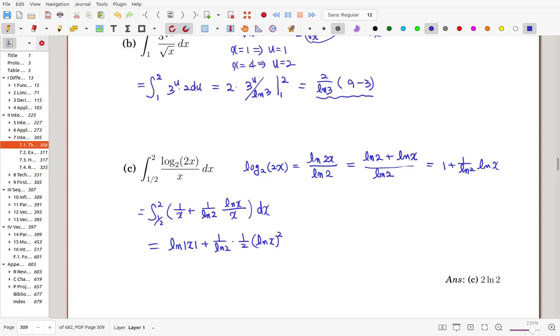If you try to take the derivative, then 2 will come out, and natural logarithm x, and its derivative is 1 over x, right? So you can find the antiderivative quite easily. Now you can evaluate from half to 2. Then you can get it. It is not so complicated. You can finish it yourself.